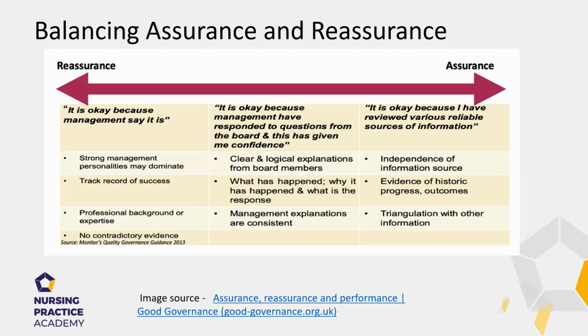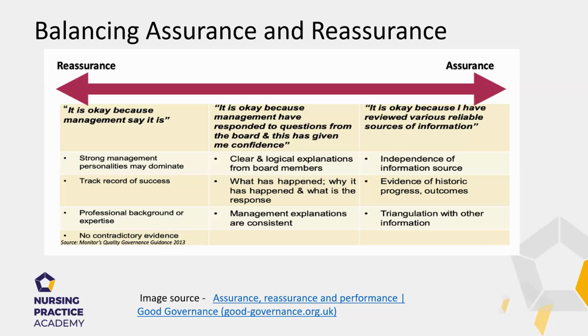So reassurance would be, it's okay because management or my infection control team tell me it is, or the staff on the ward tell me it is. It's okay in the middle because management have responded to questions from the board and this has given me confidence. So it's okay because I've asked the staff on Trinity Ward what they do and they've told me, and that's given me confidence.